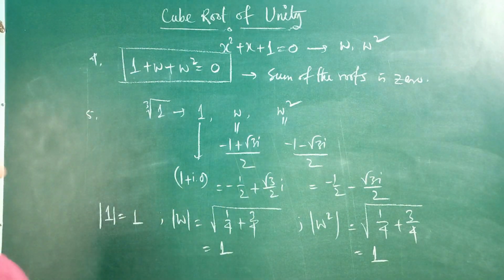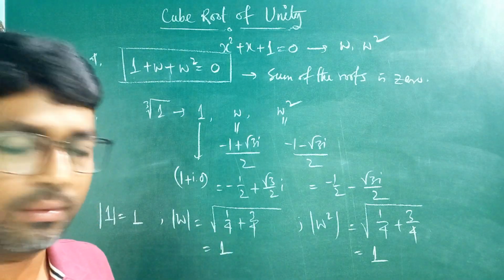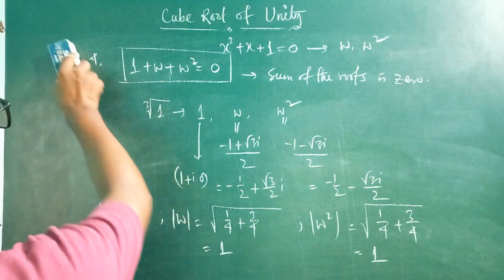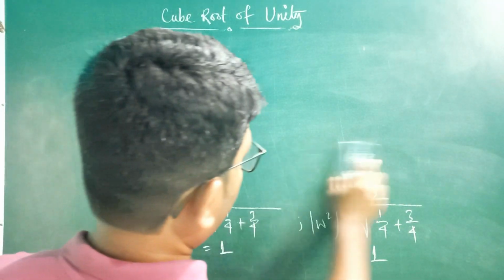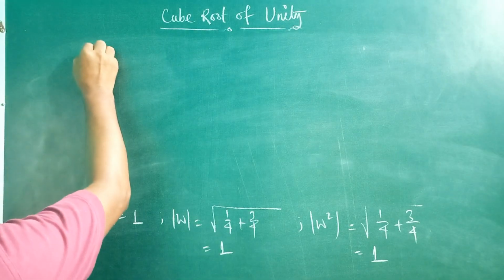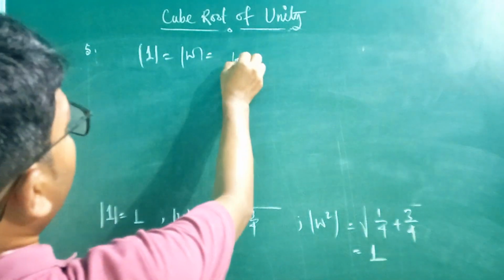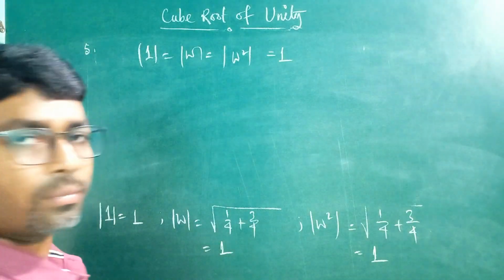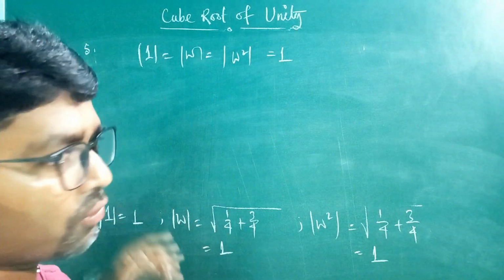So our fifth property, you see: the modulus of these three numbers is 1. I clean the board. Our fifth property: 1, omega and omega square, their modulus is 1. Now how can you visualize this property also?